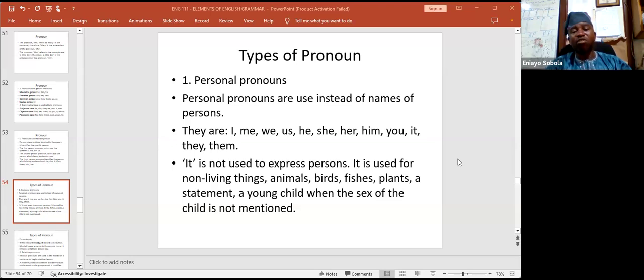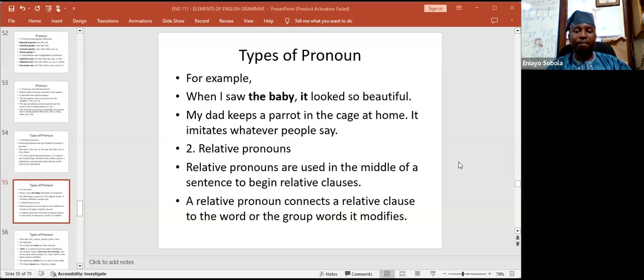At times, it is called an impersonal pronoun, but it's grouped under personal pronouns. For example, when I saw the baby, it looked so beautiful. In that place, you realize that it is used to represent the baby because the sex of the baby is not mentioned.